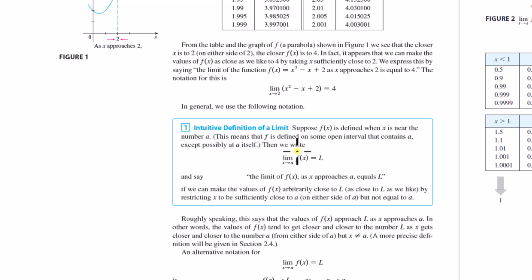Then we write the limit as x approaches a of f of x is equal to L. We can make this statement if we can make the values of f of x arbitrarily close to L, as close to L as we like, by restricting x to be sufficiently close to a on either side of a, but not equal to a.